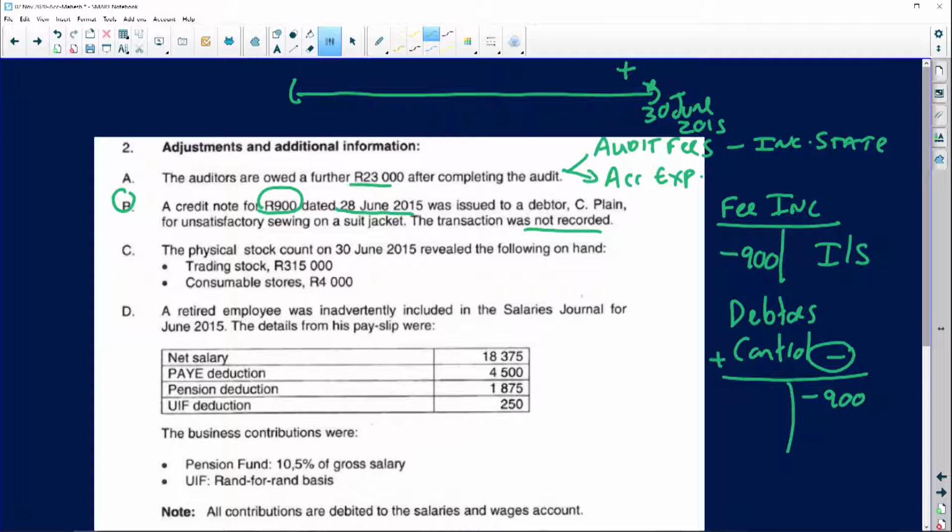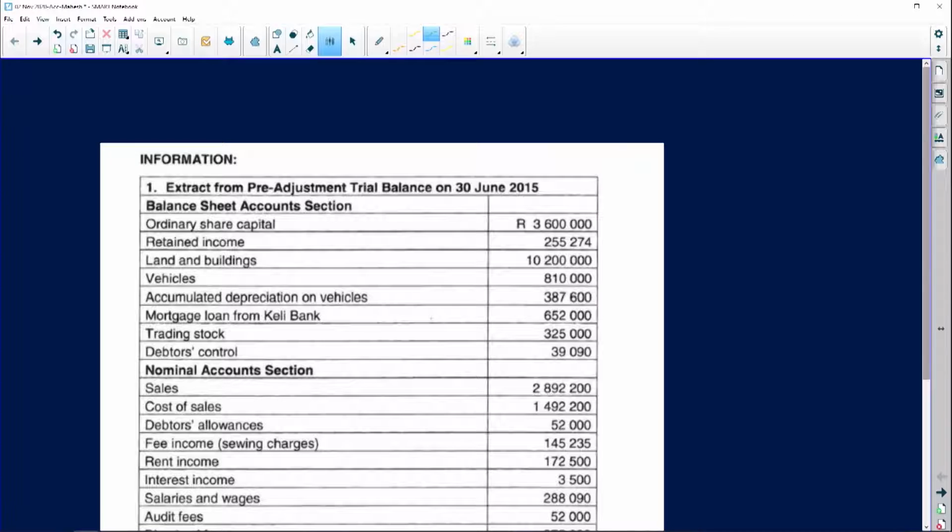And just in case we do come across a provision for bad debts adjustment, I want to quickly go to my trial balance. Okay, so debtors control in brackets, I just want to make a note that it decreases by 900 Rand, just in case I need to use this information later on when calculating the provision for bad debts adjustment.